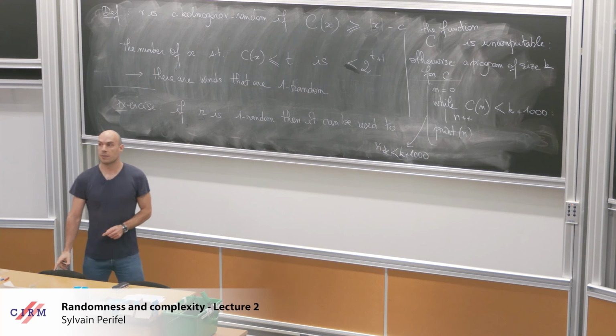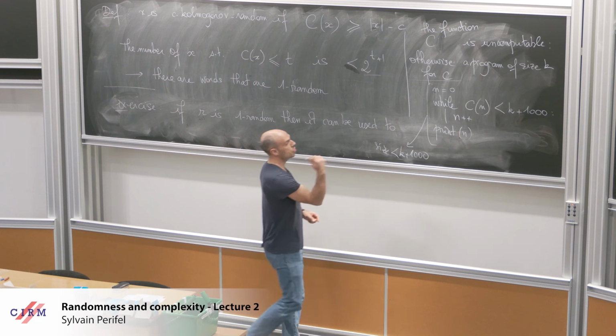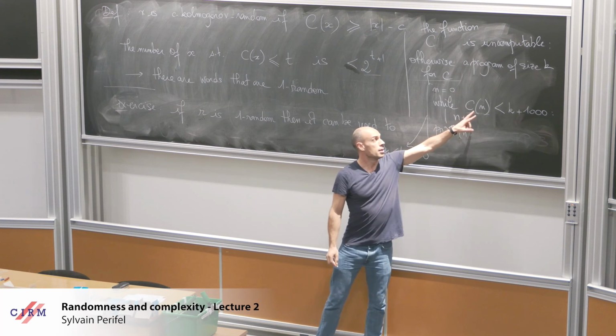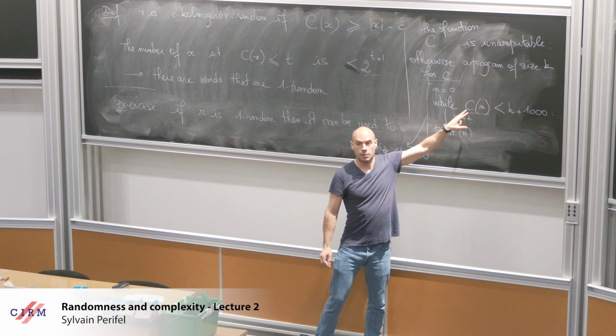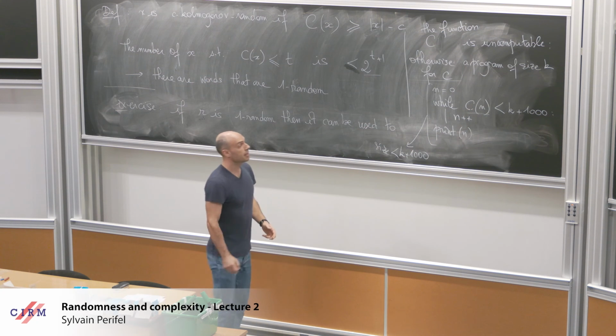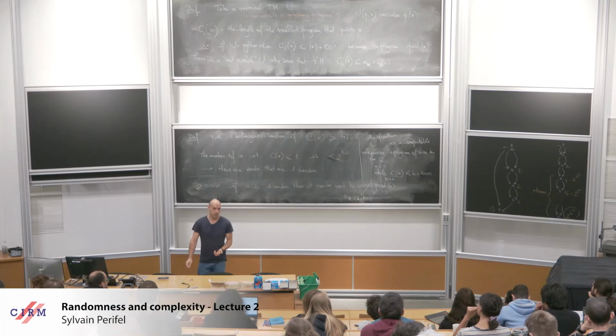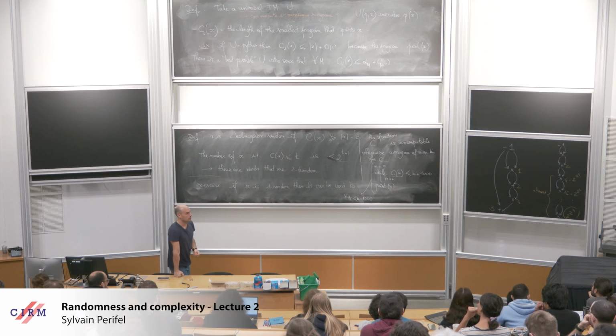This is a paradox. So it shows that you cannot have a program of size k for this function C, and the reasoning is valid for all k. So you cannot have a program for C, indeed. It is uncomputable. Thank you for the remark.